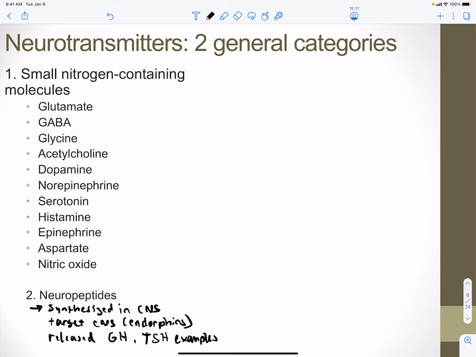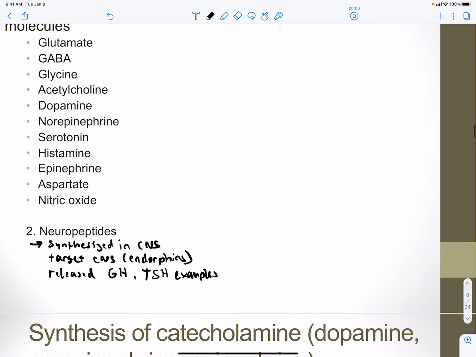So in general, each neuron is going to synthesize and transmit the transmitters it uses. A single neuron can also secrete both of these types of transmitters. They can secrete the small nitrogen-containing molecules, and also they can secrete your neuropeptides.